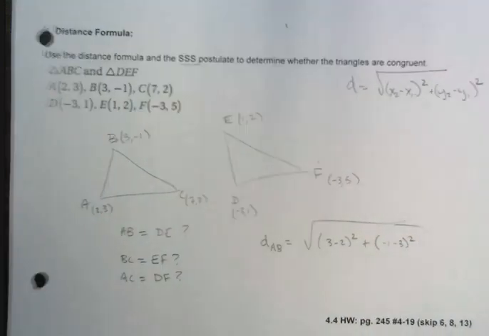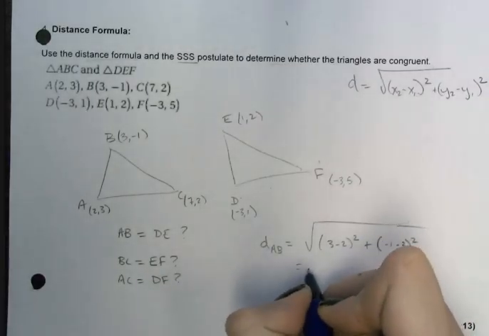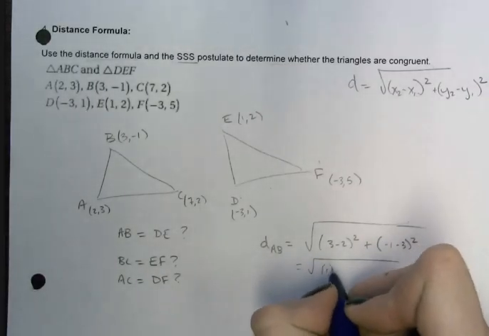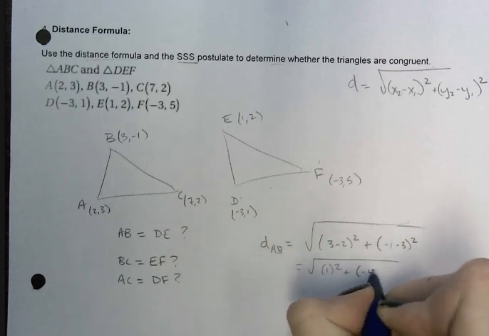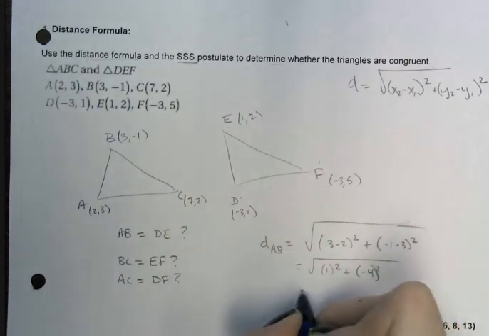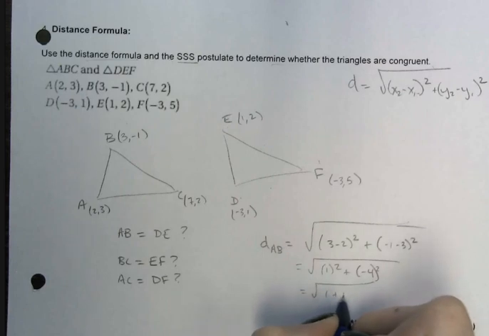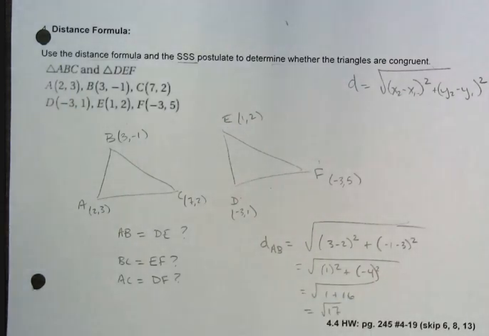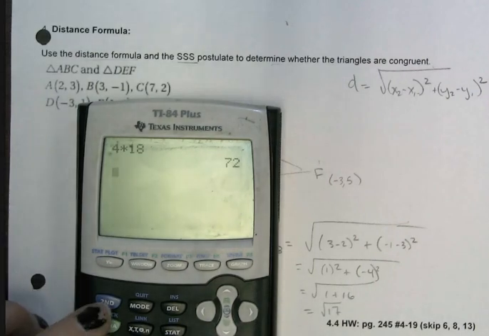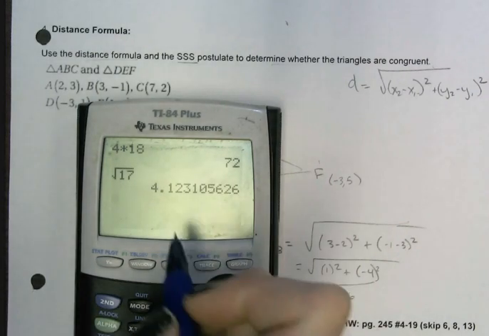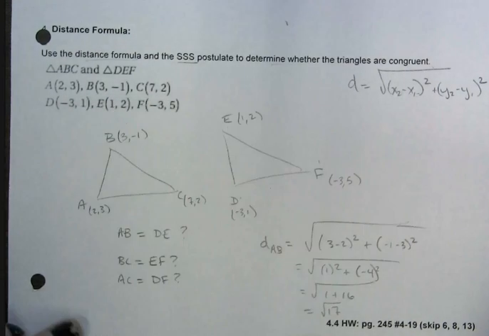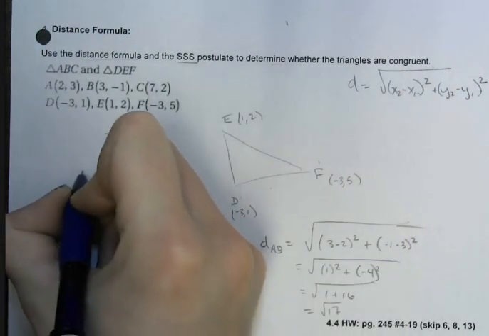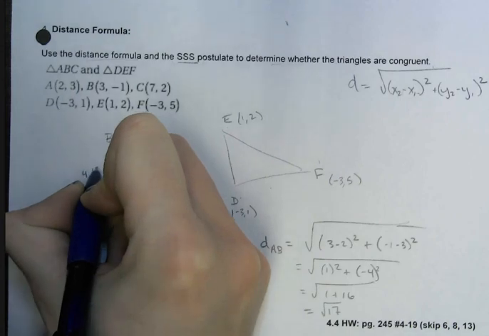And then it's just a process of simplifying. So we've got 1 squared plus negative 4 squared, which equals 1 plus 16, which is the square root of 17. If we take the square root of 17, I get 4.12 if I round to the nearest hundredth. So the distance of AB is about 4.12.